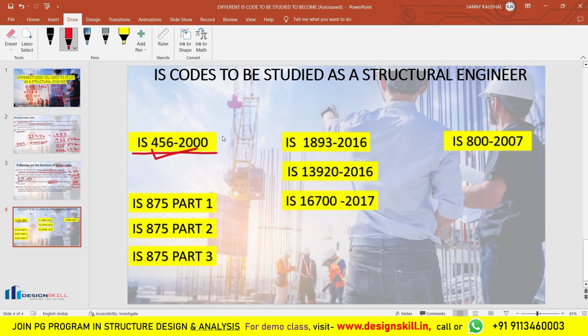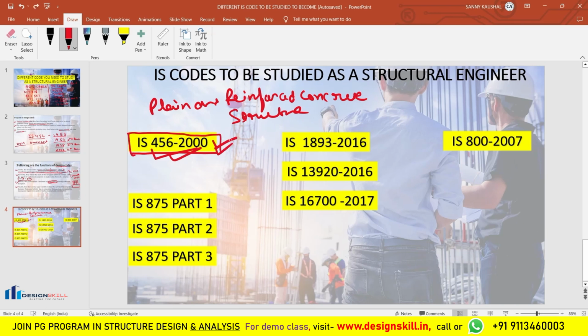Whenever you are going to use plain and reinforced concrete structures, this code plays a very important role. All the construction related and design related things you will find in this code only. Also, this code is called the mother of IS codes.